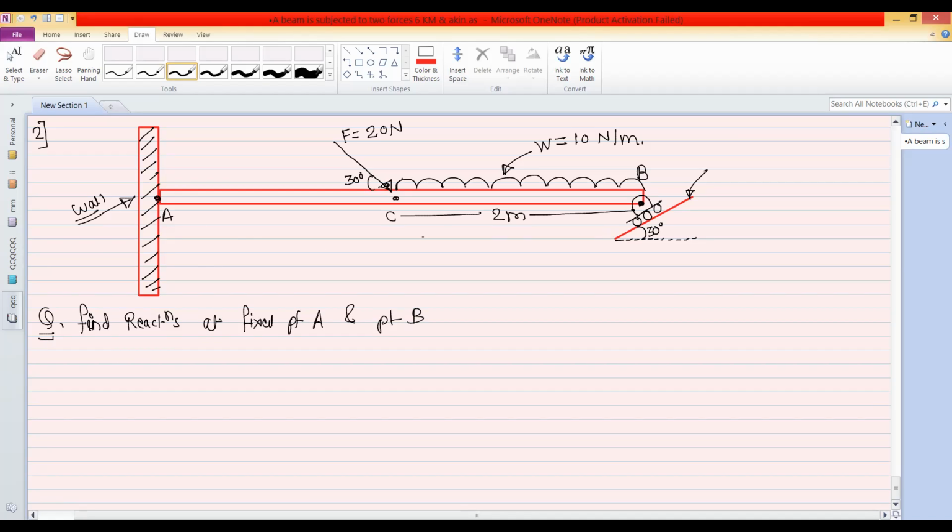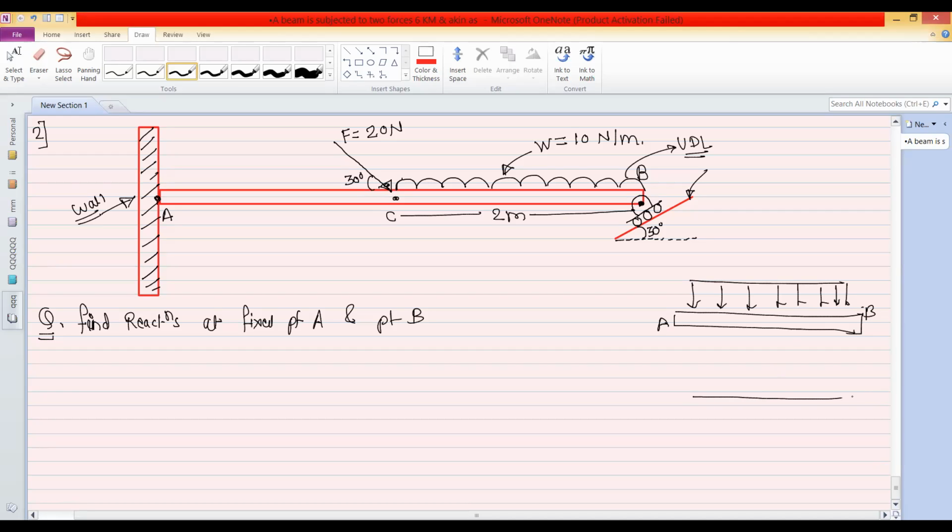So the first step is we have to draw the free body diagram. This part is the UDL. So UDL can be represented like this. Suppose this is the beam AB, or it can be represented like this.